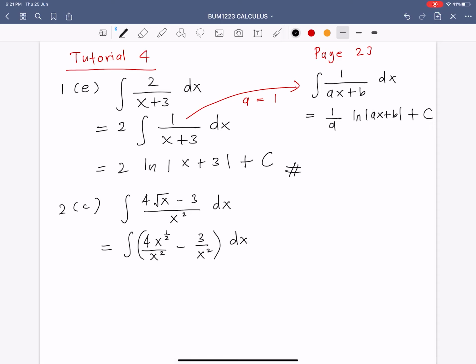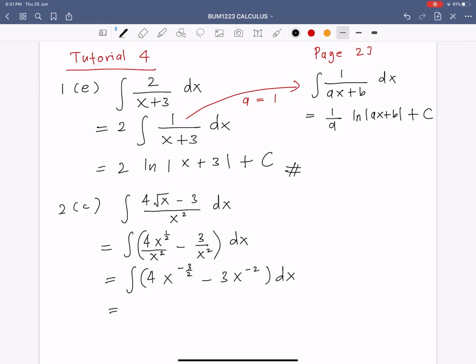Then we simplify this, so it is equal to 4 times x power of 1 over 2 minus 2, which is negative 3 over 2, minus 3x power of negative 2 dx.